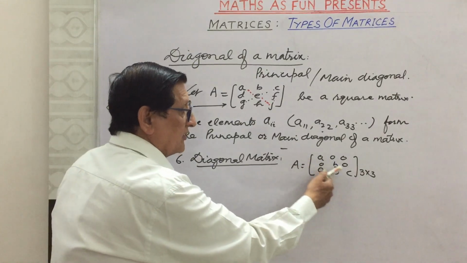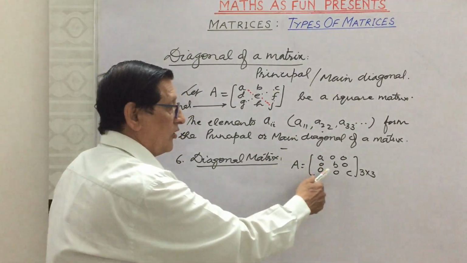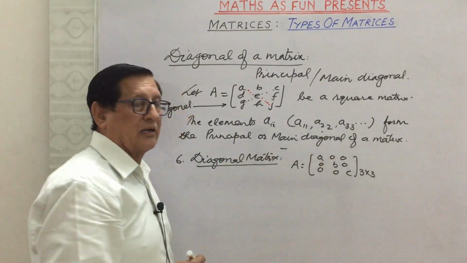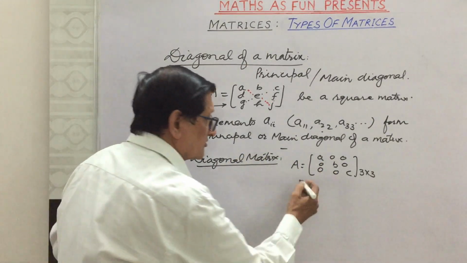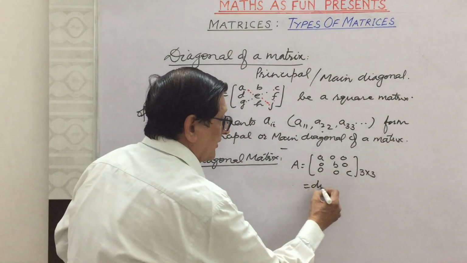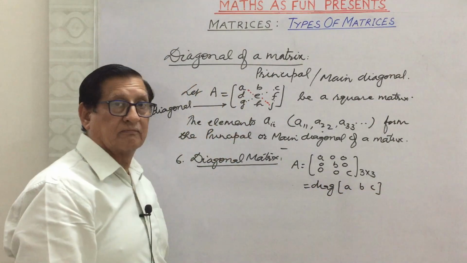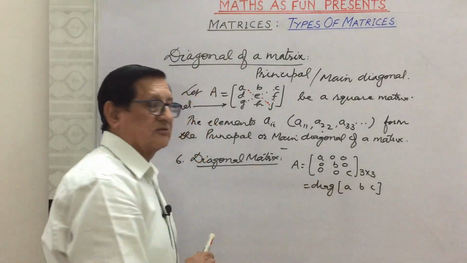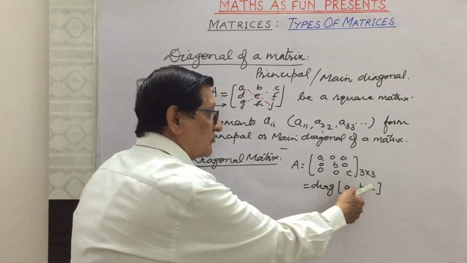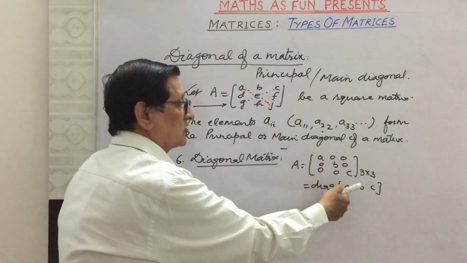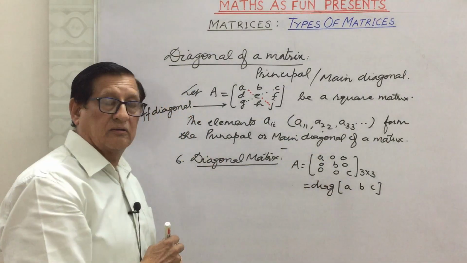The diagonal elements are non-zero. All other elements are 0. Then it is known as a diagonal matrix. We can also represent it as diagonal a, b, c. Only the diagonal elements. See here, diagonal elements are 3. So we can say this is a diagonal matrix of order 3 into 3.